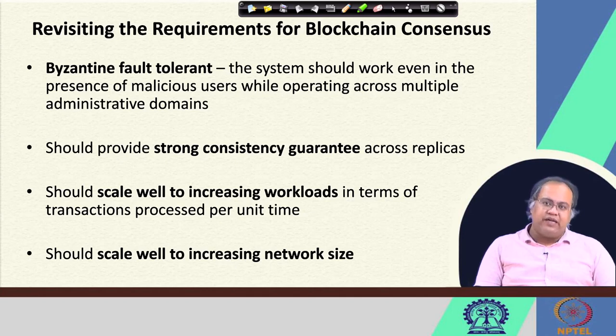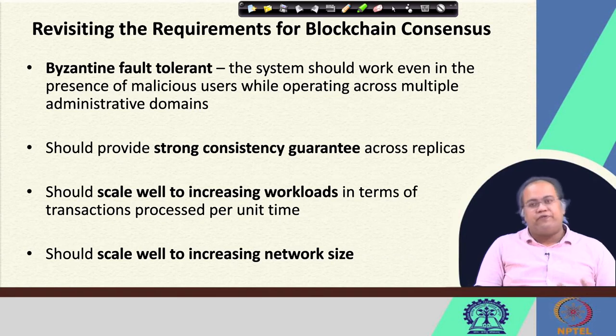Earlier we have seen that proof of work and PBFT basically have a trade off between the last two requirements. Whereas PBFT scales well in terms of increasing workload, it does not work well with a large network size because it is based on message passing.